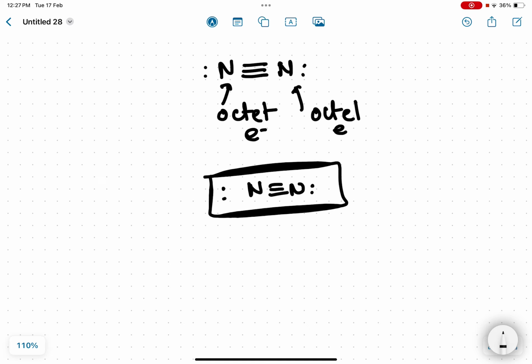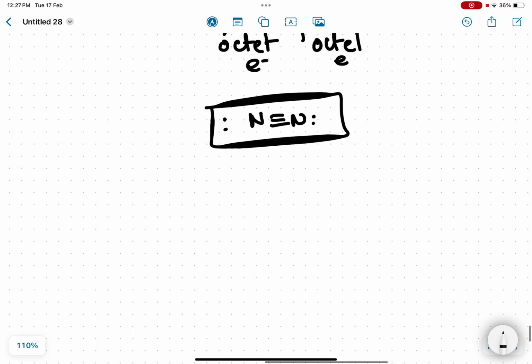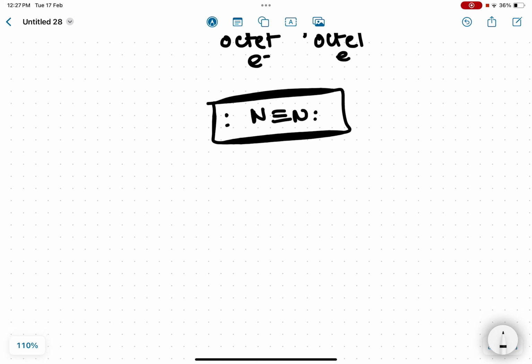So this is a simple 5-step method we can follow to draw any Lewis structure. I can give some more examples here, and we can see one more example, maybe CO2.